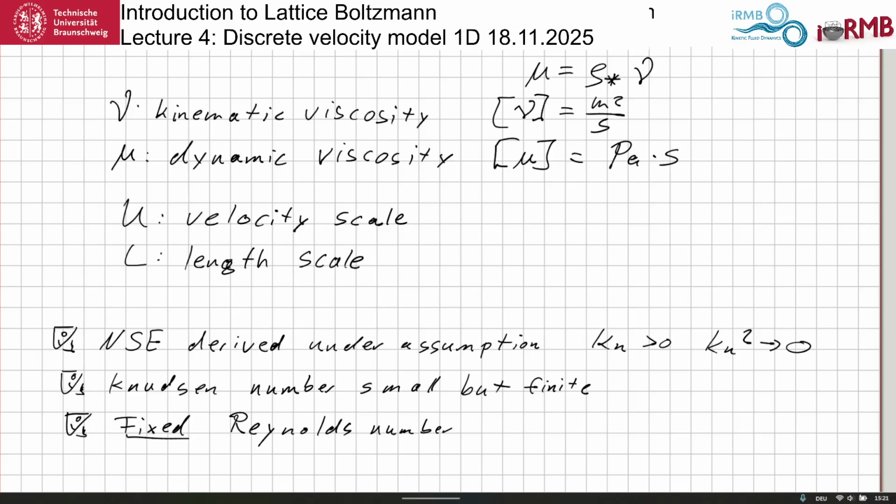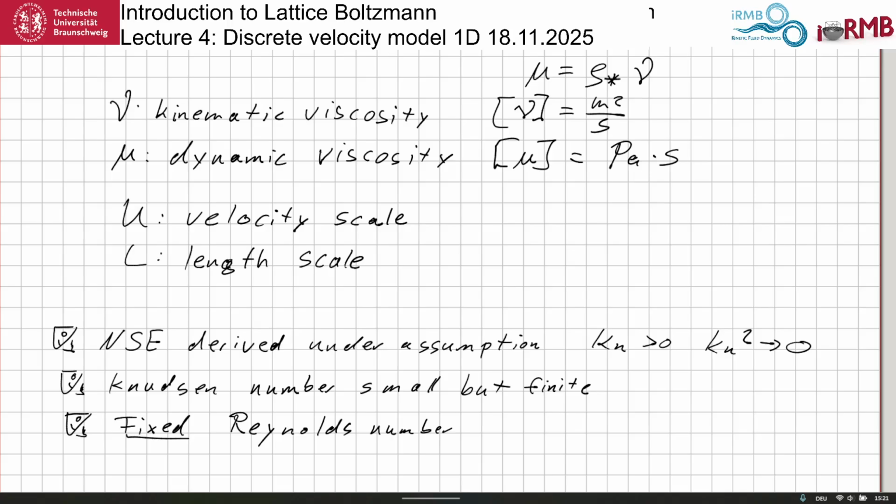And this makes a difference, because in this Chapman-Enskog expansion, what you do is you have a fixed atomic distance, and then you scale up your problem and see what is the asymptote when you make the system infinitely large. And by doing so, you will increase the Reynolds number, which is useful for physics, but it's not useful for our purpose here.